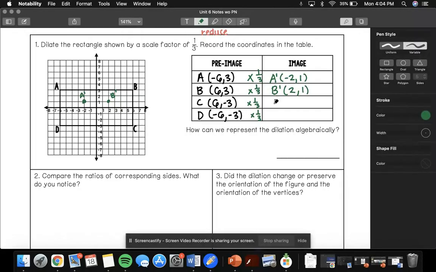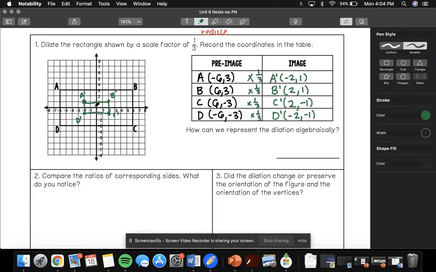C prime: 6 times 1/3 is 2. -3 times 1/3 is -1. So C prime is at 2, -1. Okay. Finally, you guys are going to do the last one. D prime will be at -2, -1. And then we connect the dots.